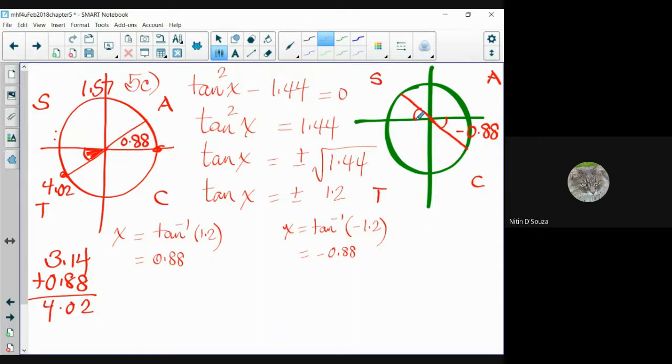So this angle here is, always go relative to the horizontal. Never, ever use the x-axis. Okay. So this angle is 3.14 minus 0.88.